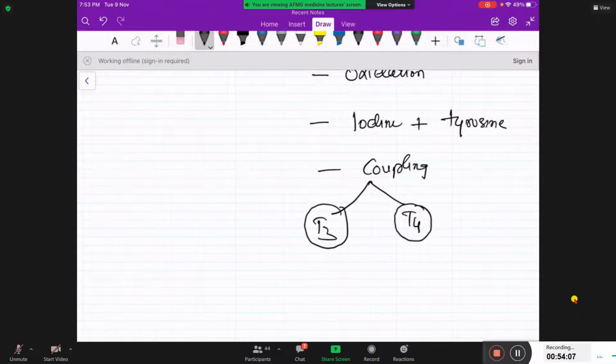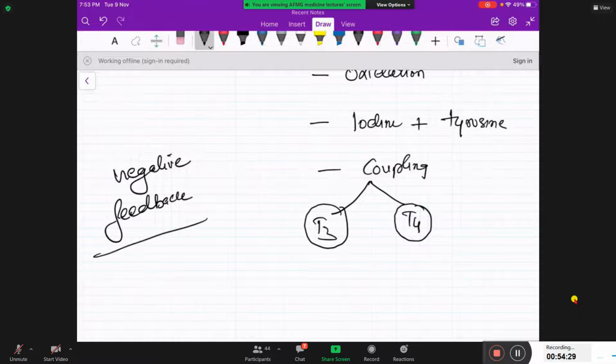The longer half-life is of T4. Again an important point: you know that TSH helps in release of T3 and T4. Which of them will have a role in negative feedback? This is important. Physiologically active form is T3, but negative feedback happens through T4.